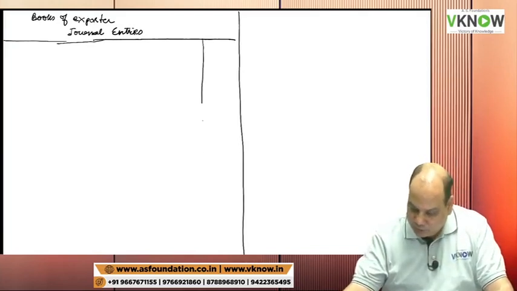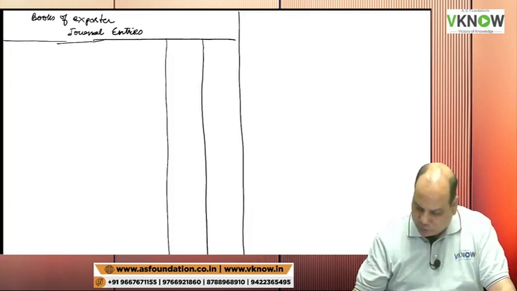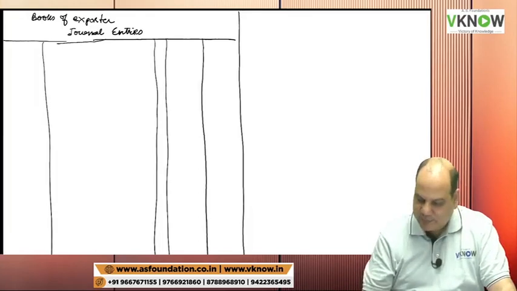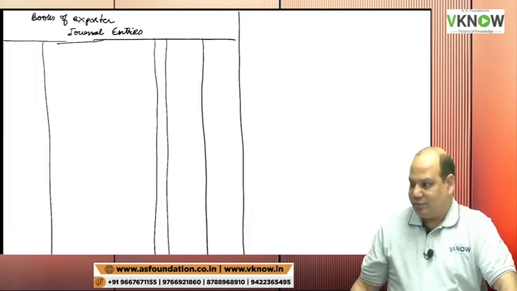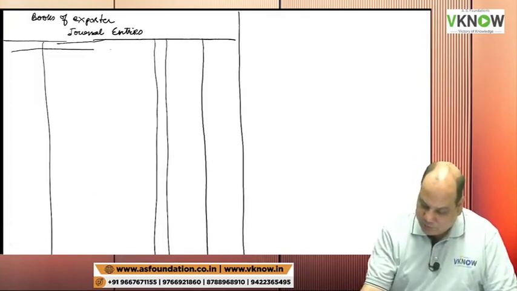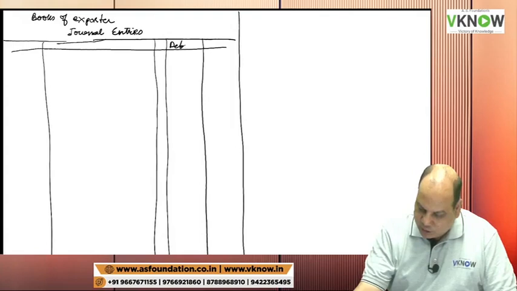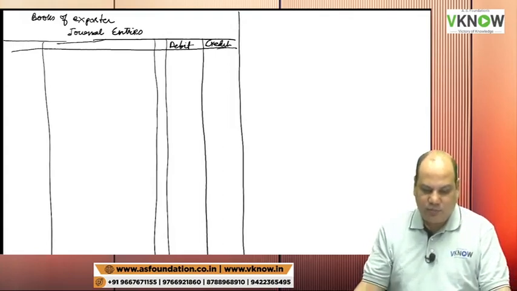So everybody, please draw one page format. Full page, yes. Journal entries. Date, particulars, debit, credit. The answer is not printed in your book purposefully so that you will pay more attention.